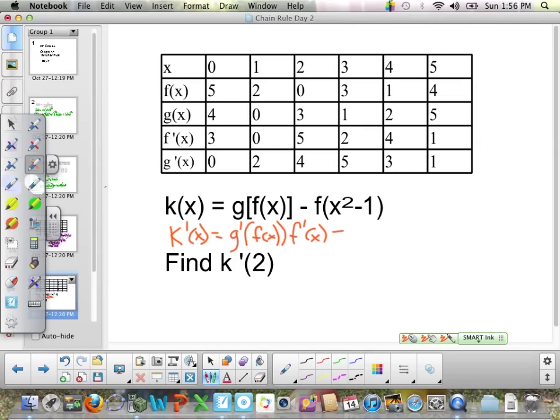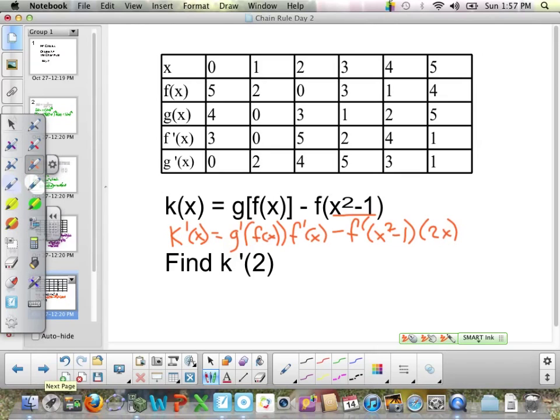Here we have another function, f of x squared minus 1. Our inside function is x squared minus 1, and our outside function is f. Same thing. Take the derivative of the outside, leaving the inside alone, then multiply that times the derivative of the inside, in this case 2x.